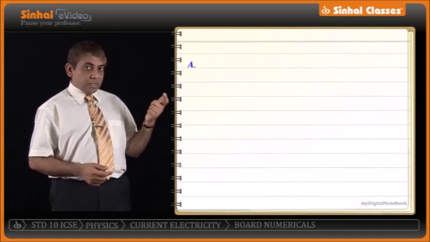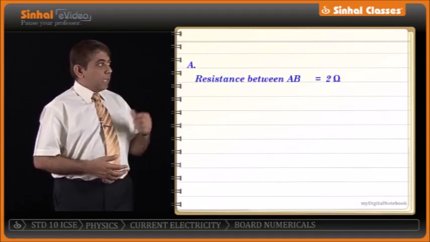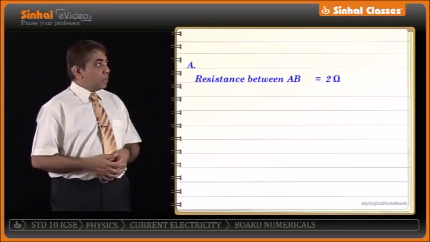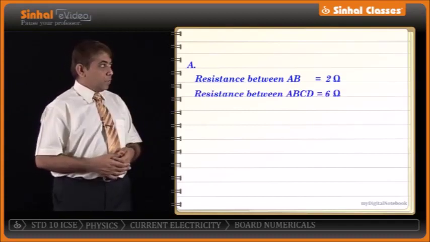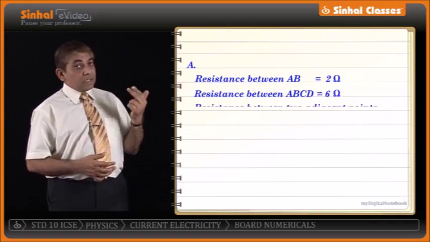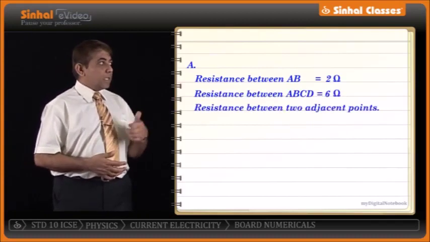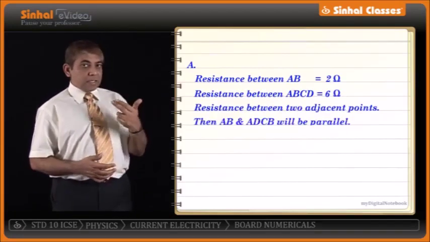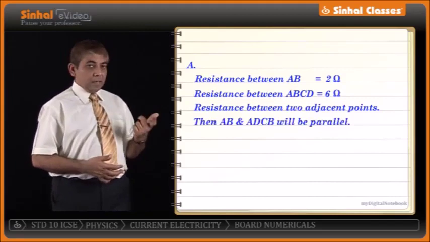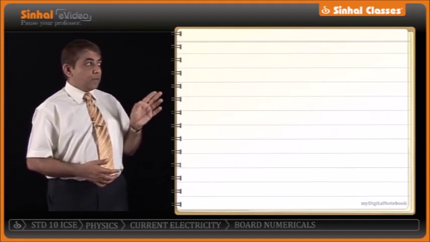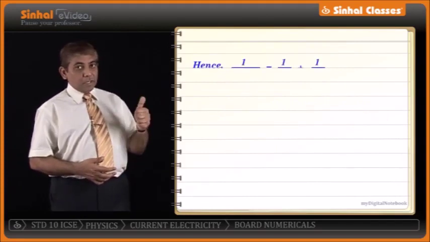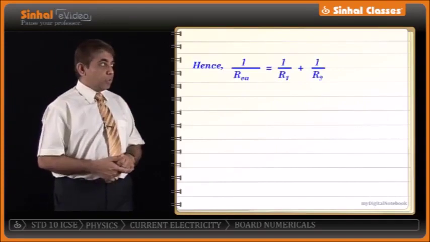If I have to calculate, resistance between A and B is given as 2 ohms. Resistance between A, B, C and D is 6 ohms. The resistances AB and ABCD will be in parallel. So if I connect this in parallel, I have the equivalent circuit diagram. 1 upon R is equal to 1 upon R1 plus 1 upon R2.